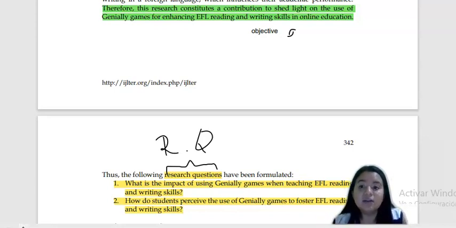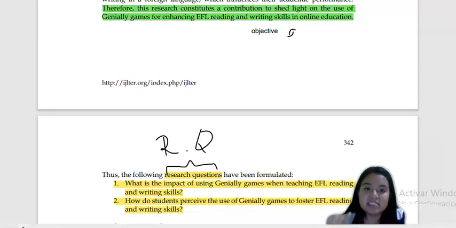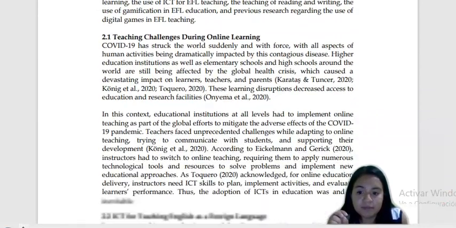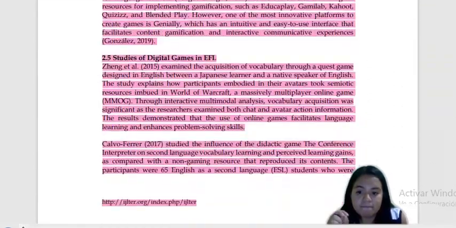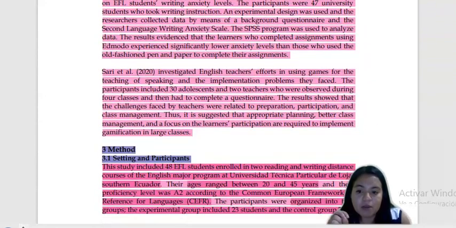Actually, in this article, you can see three parts of the guide mentioned, which are the participants, the materials, or in this case, the research instruments, and the procedures. Regarding the participants, the author mentioned that there were a total of 48 EFL students enrolled in the distance reading and writing course in the English major at the University of Ecuador.